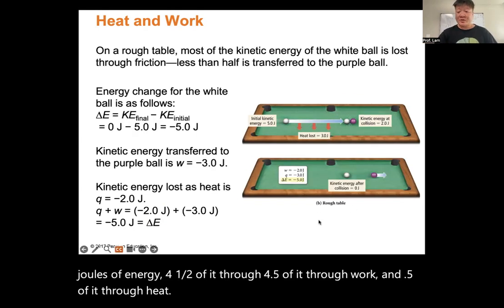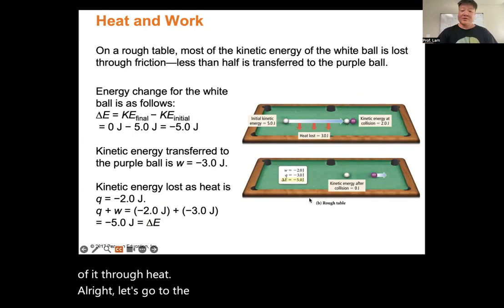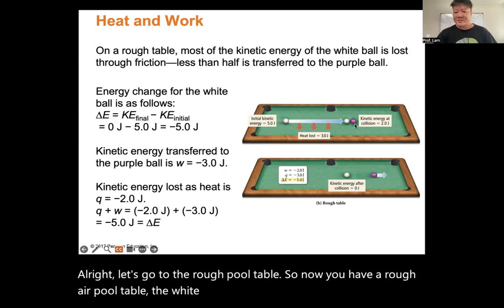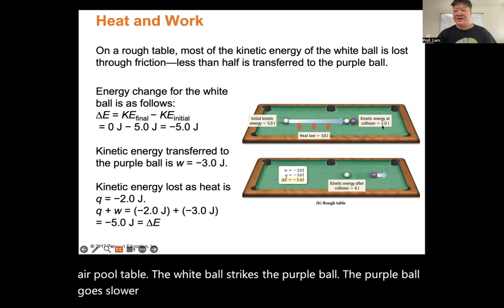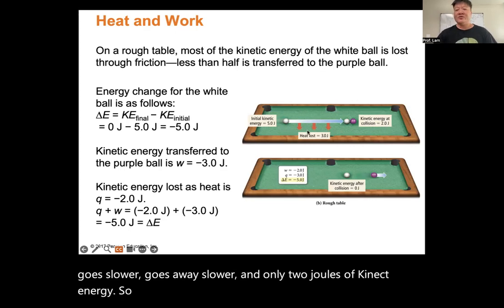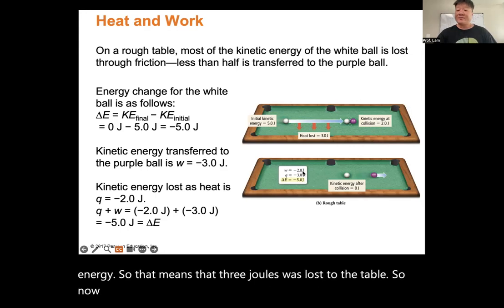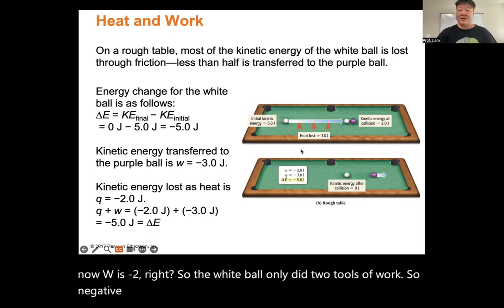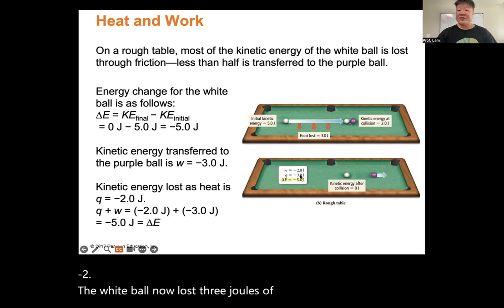All right, let's go to the rough pool table. So now you have a rougher pool table. The white ball strikes the purple ball. The purple ball goes away slower, with only 2 joules of kinetic energy. So that means that 3 joules was lost to the table. So now W is negative 2. The white ball only did 2 joules of work, so negative 2. The white ball now lost 3 joules of heat, so that's negative 3.